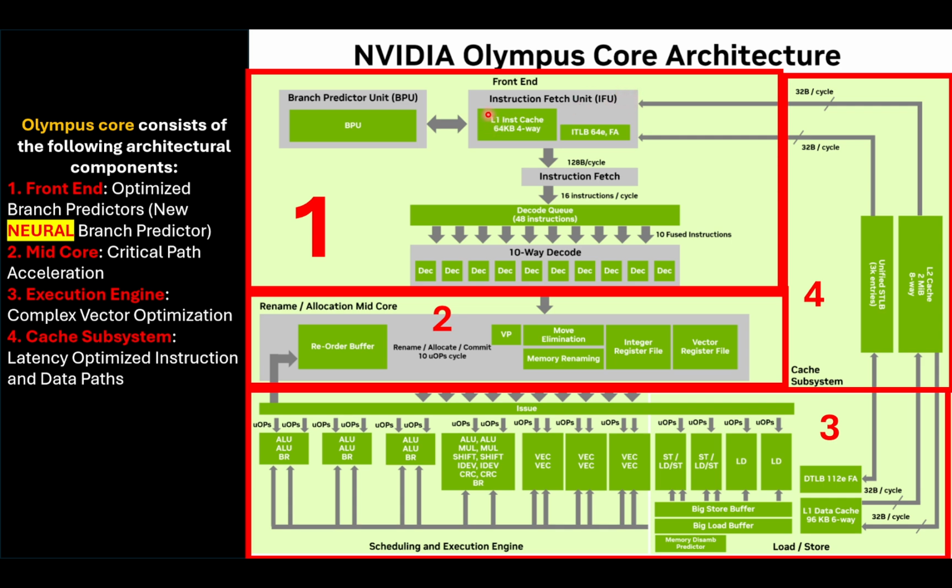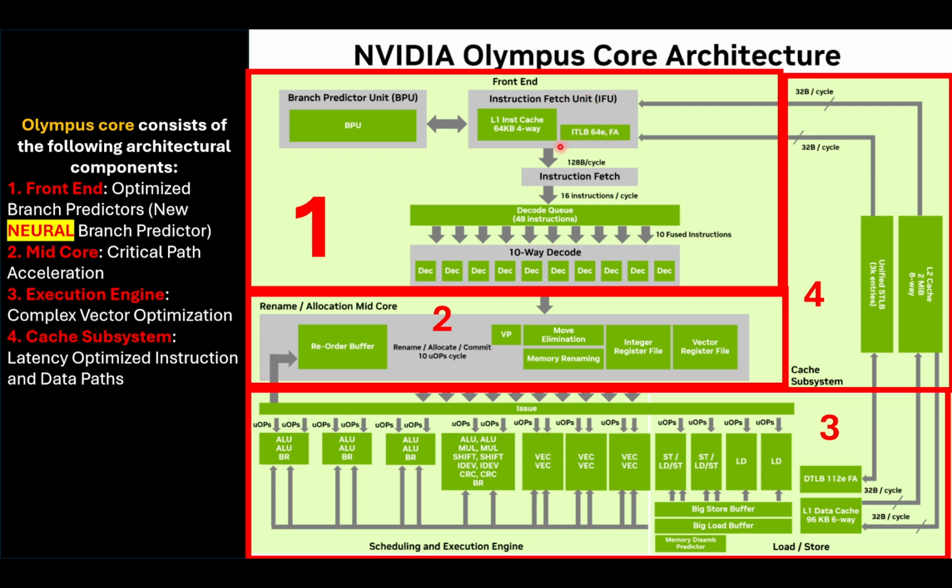Inside the IFU is the L1 instruction cache, which is 64 kilobytes and four-way. As we mentioned many times before, L1 cache is usually divided in these ARM architectures into instruction cache and data cache, and here the instruction cache is inside this IFU.